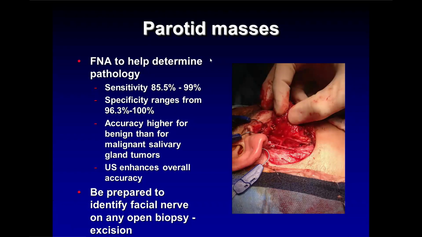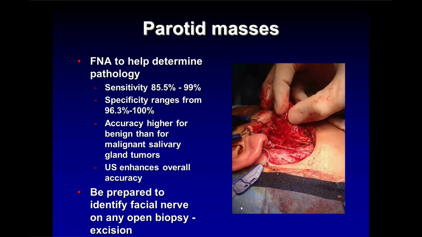And when you proceed to remove these, it's really imperative to identify the facial nerve, as detected here. What may seem like just an epidermal inclusion cyst along the face is not infrequently diagnosed as a parotid mass.